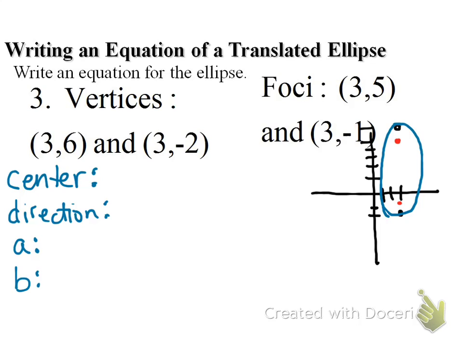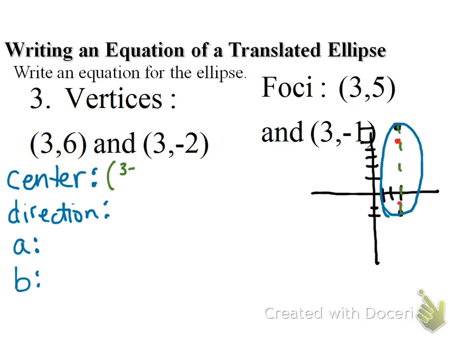Do we know the center right now? No, but we do know that the center is going to be located at the midpoint between our vertices. So let's use the midpoint formula.